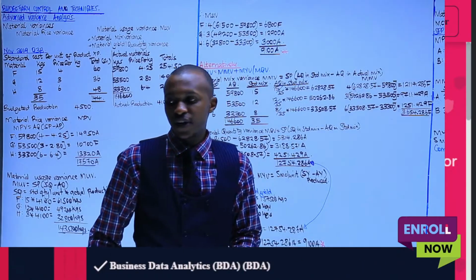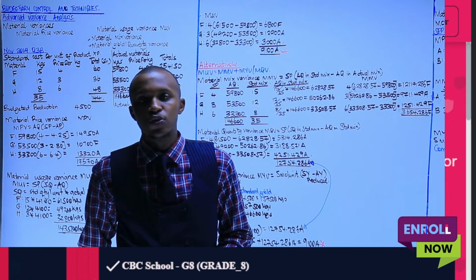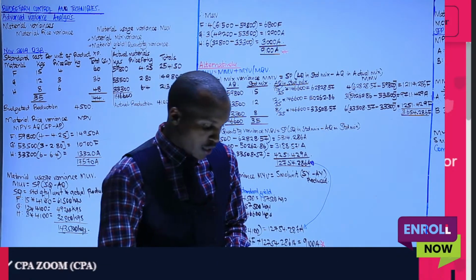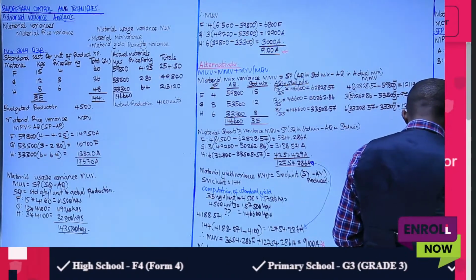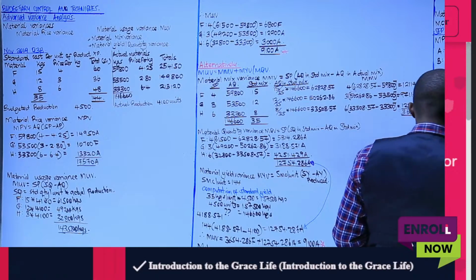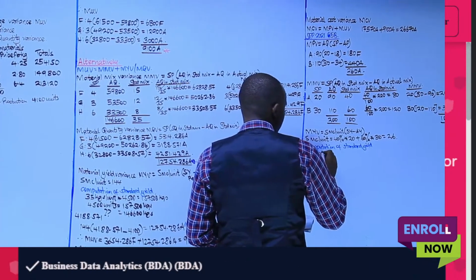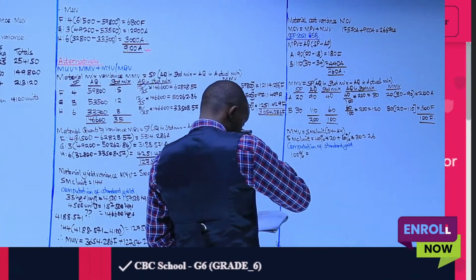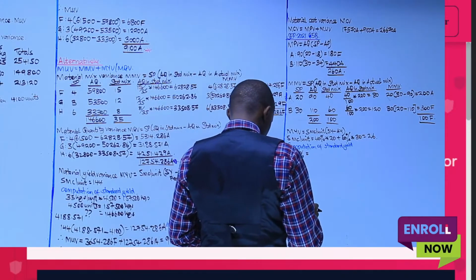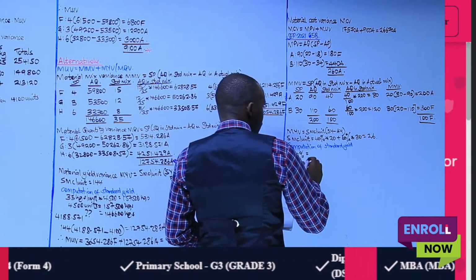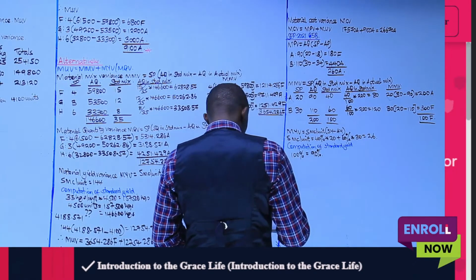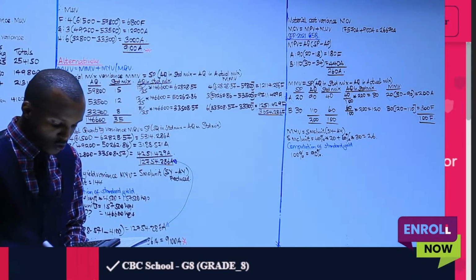We first identify the input materials that were introduced and the output that was produced. With a 100% input of materials, your output was 90%. Why? Because of a standard loss of 10%.